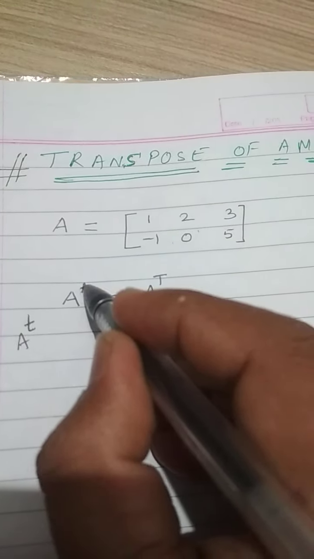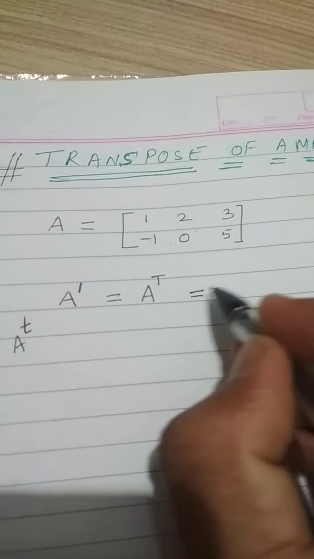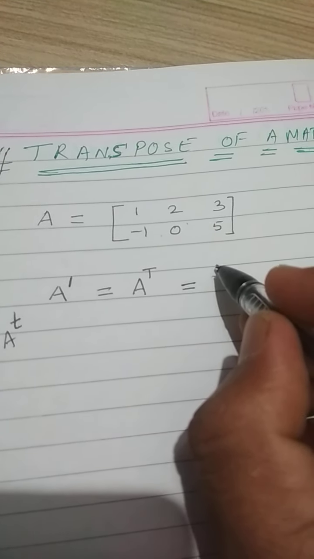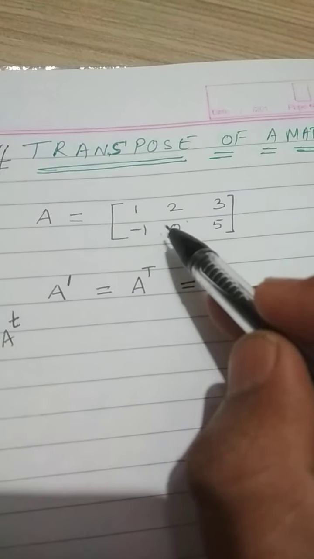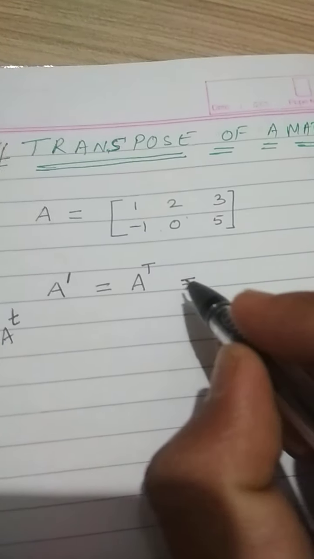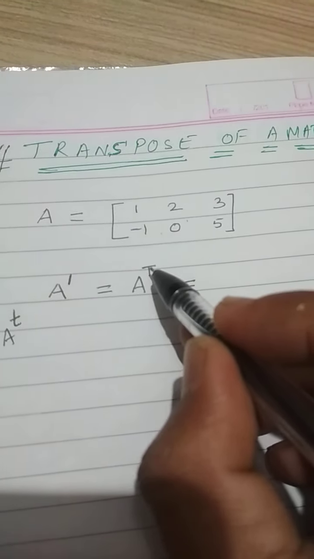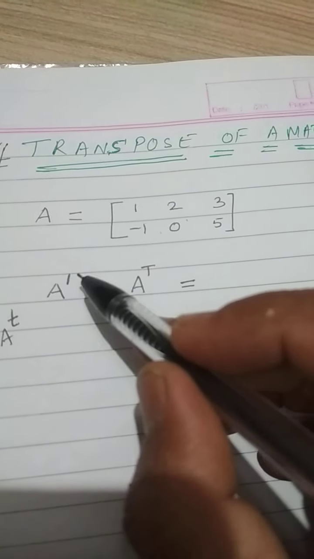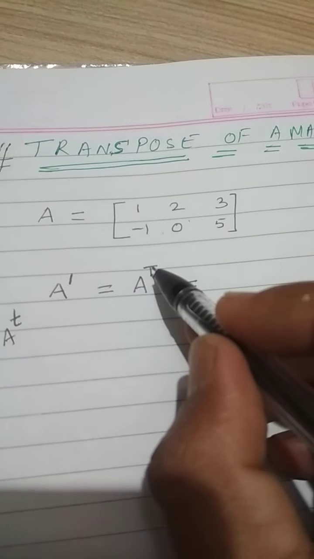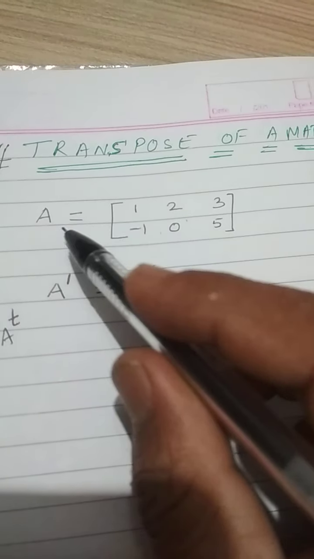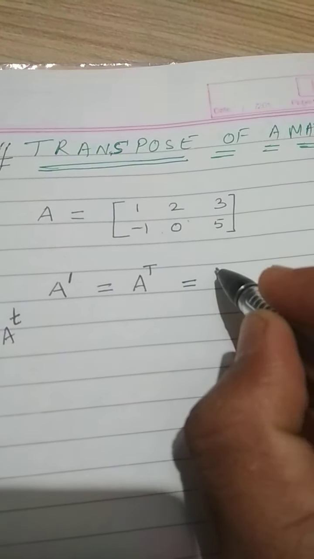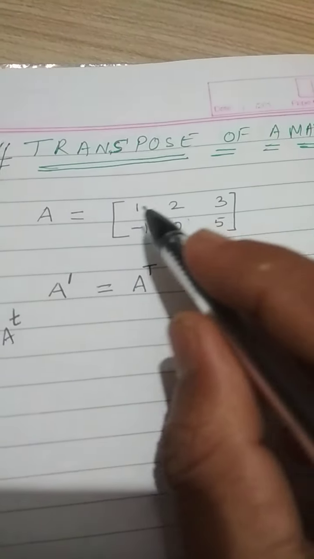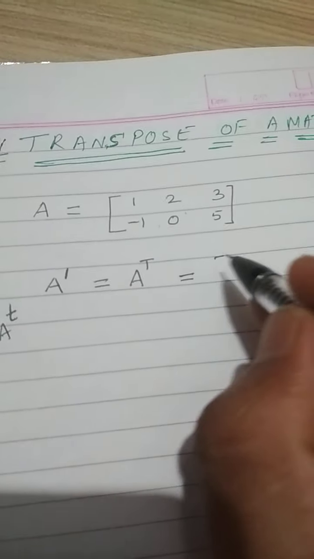It is defined to be a matrix which is obtained by interchanging the rows and columns of the original matrix. That means if A superscript T, A dash, is the transpose of matrix A, then it is simply obtained by converting all these rows into columns.